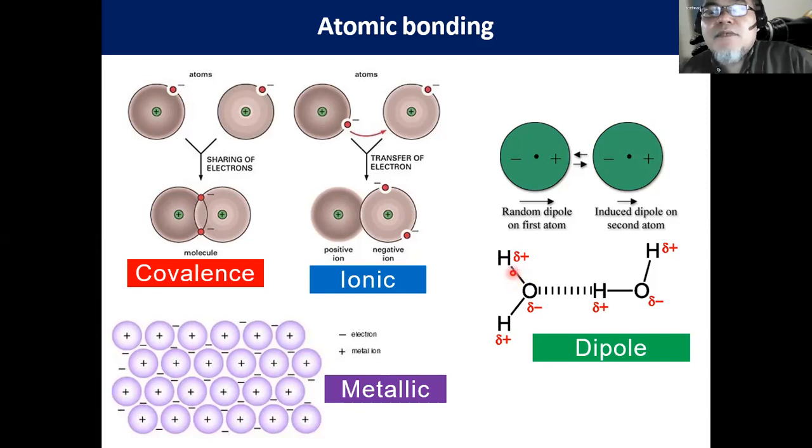So the hydrogen's electron occurs more in this bond with the oxygen. And this results in the other side of the hydrogen being mostly left without electron. It doesn't mean that it cannot have an electron at all.